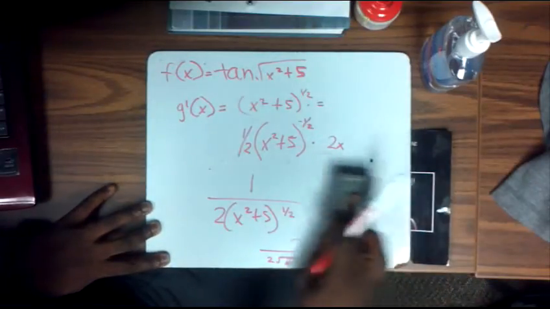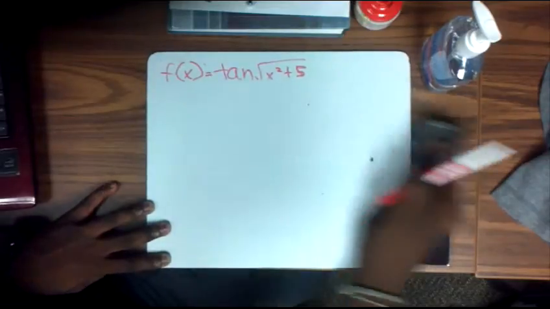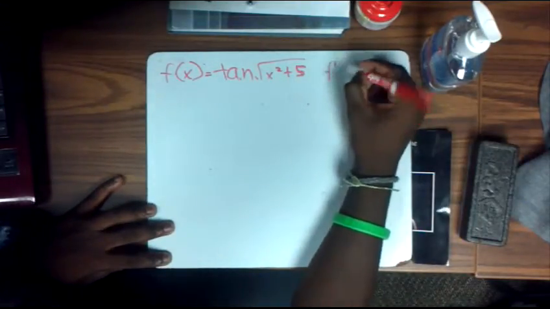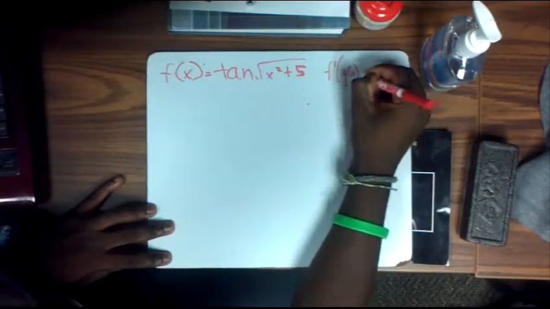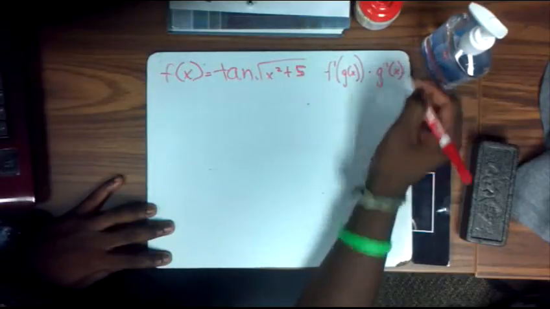So now I'm going to erase that and do the chain rule again, which is f prime of g of x times g prime of x.